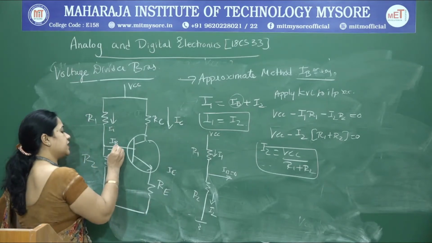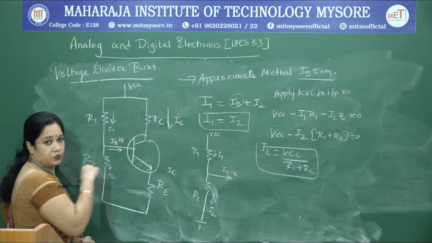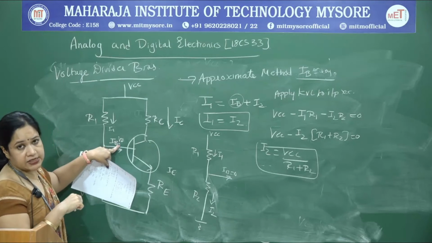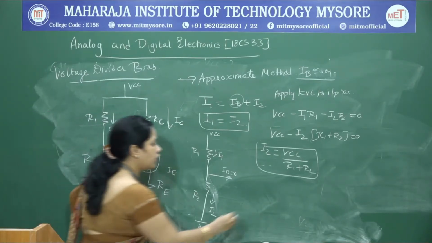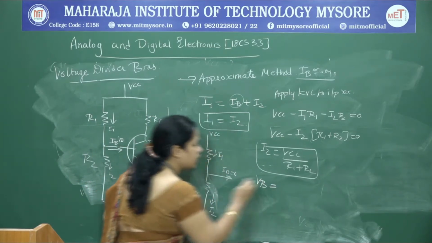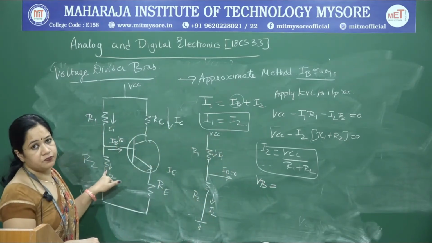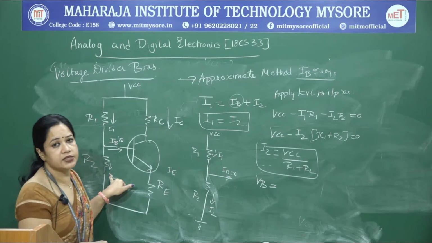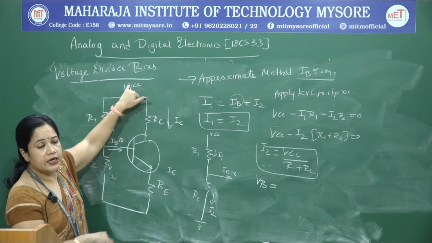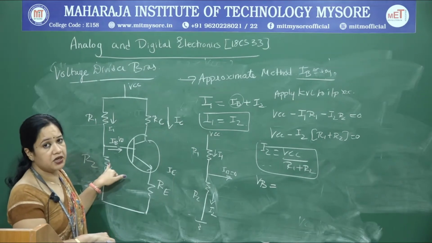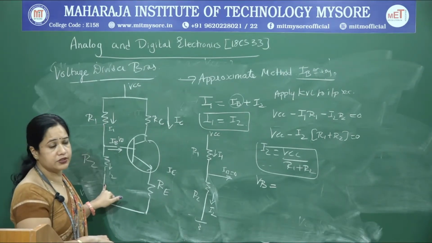Now, what is the voltage at this point? Let me call it as VB, the voltage at the base terminal of the circuit. VB is going to be what? This acts as a voltage divider. Two resistances connected in series act as a voltage divider, and the voltage at this point is the main voltage into the corresponding resistance divided by the sum of the two resistances.